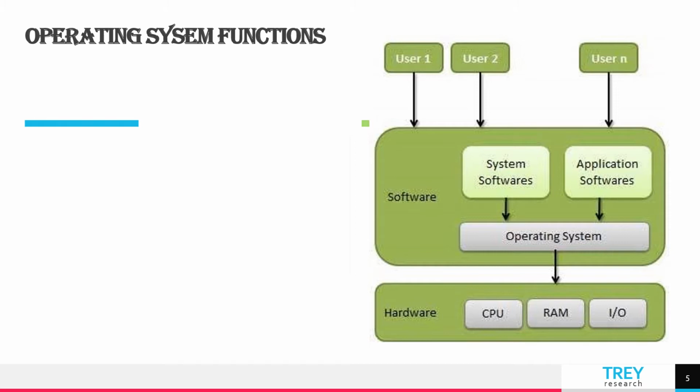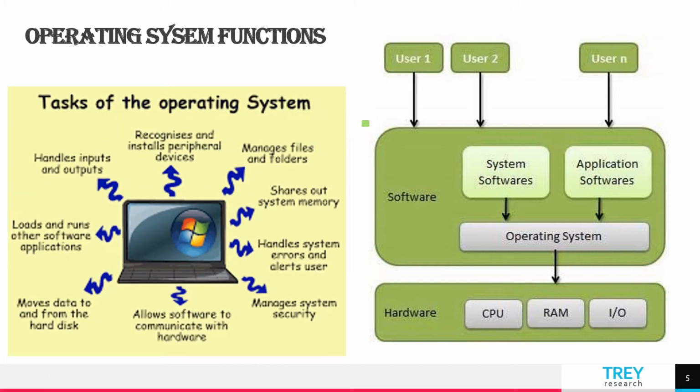Okay, so now we continue with the functions of our operating system, the tasks of the operating system. If you look at the other diagram here, the one where there's even a computer, it shows the different tasks of the operating system. It has simplified almost all the functions that we've talked about just using this picture.